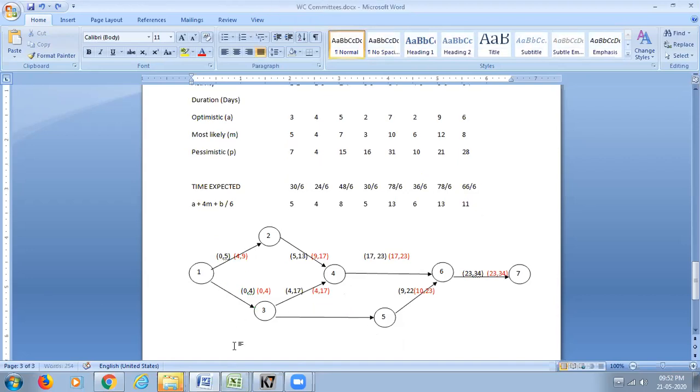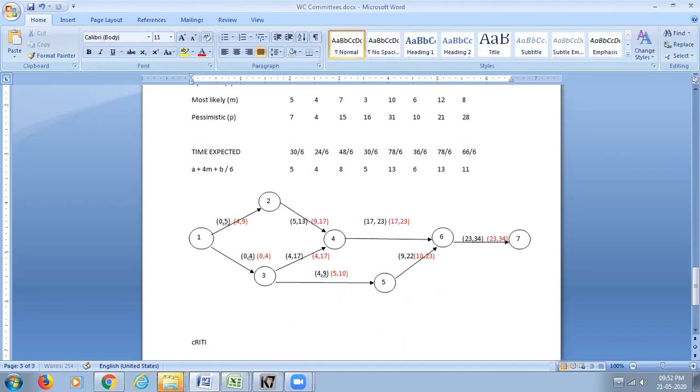So what we will do, we will make note of the critical activities. 1 to 3. Then the 3 to 4 is a critical activity because 4:17, 4:17, the timings are the same. So 3 to 4.